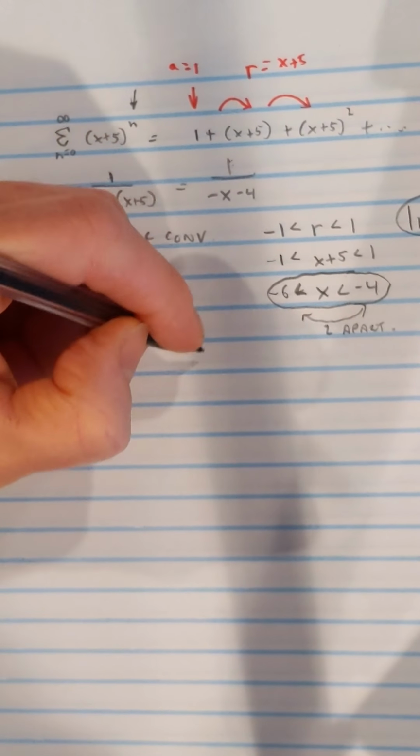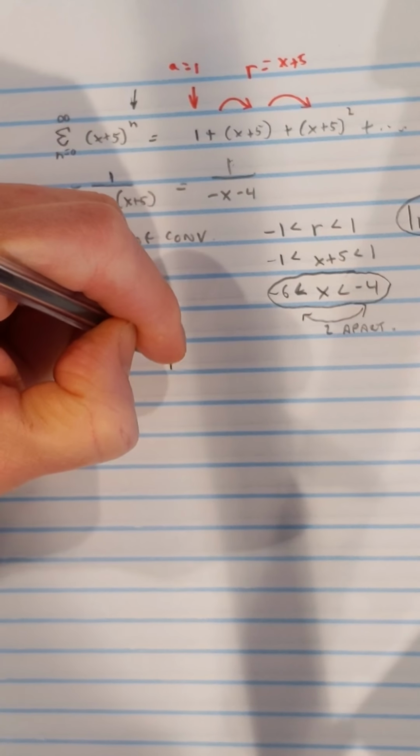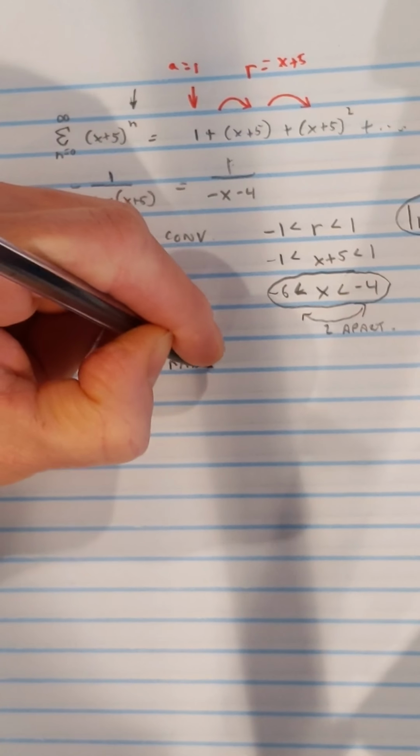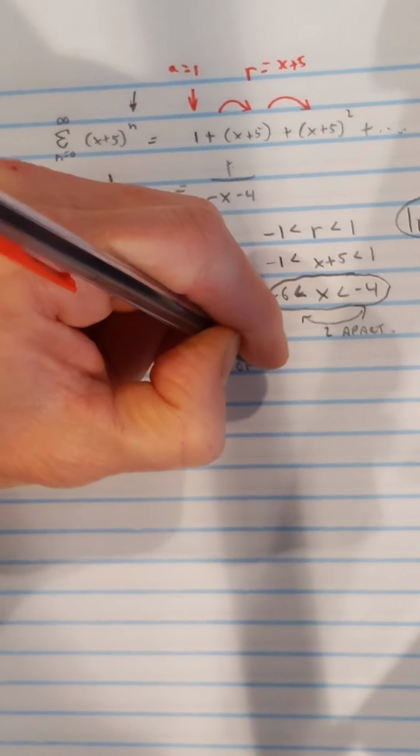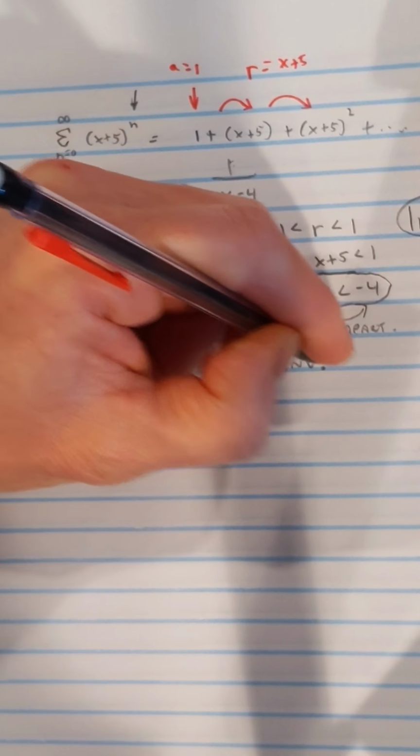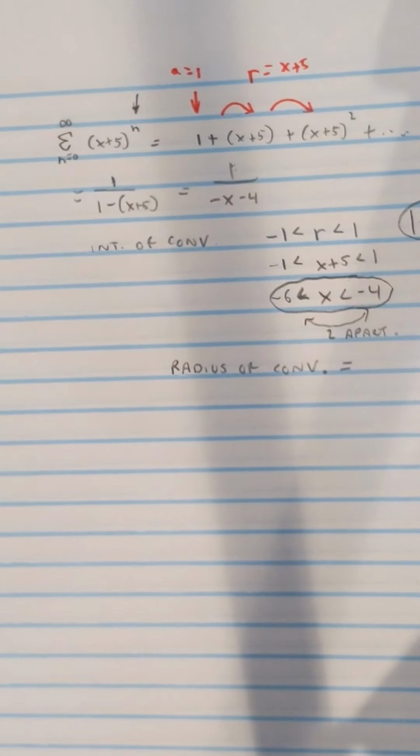So one thing we're learning today is called the radius of convergence. The radius of convergence is, think of the radius of a circle. A radius is half of the diameter. Consider your convergence interval to be your diameter.